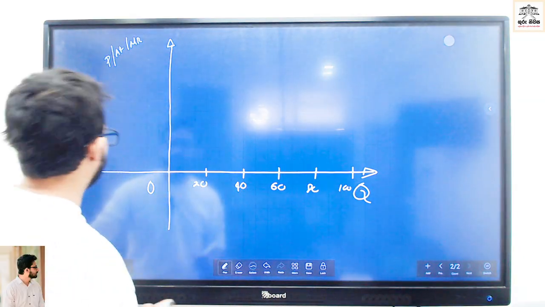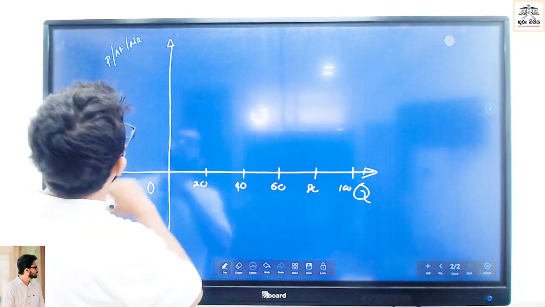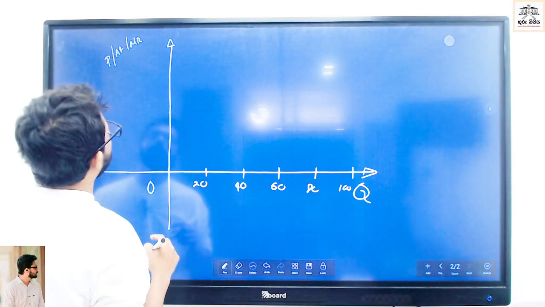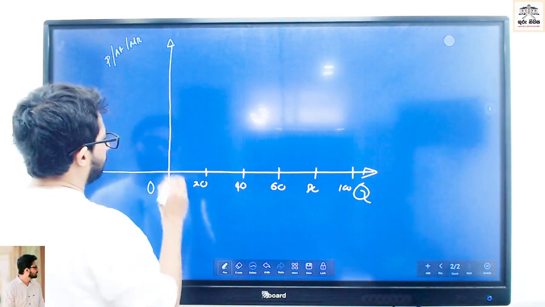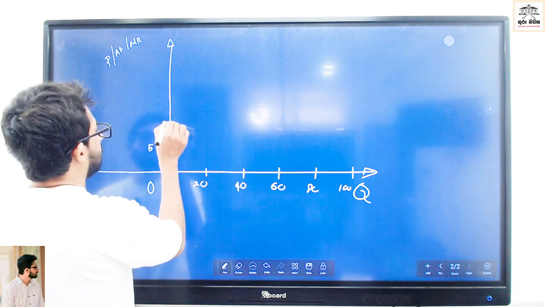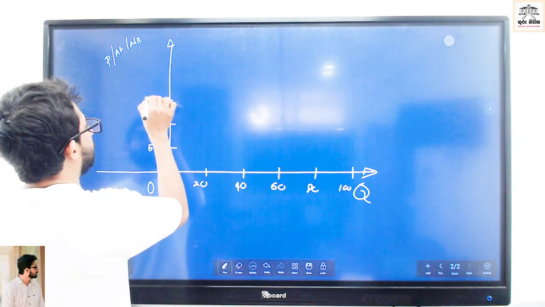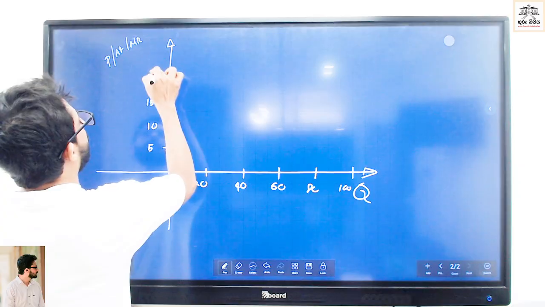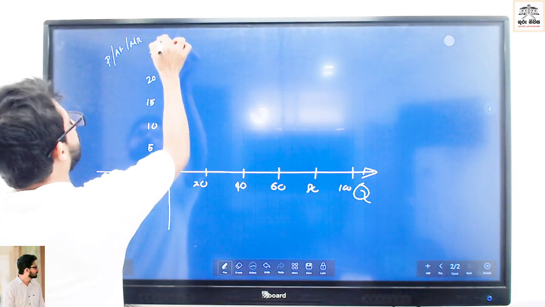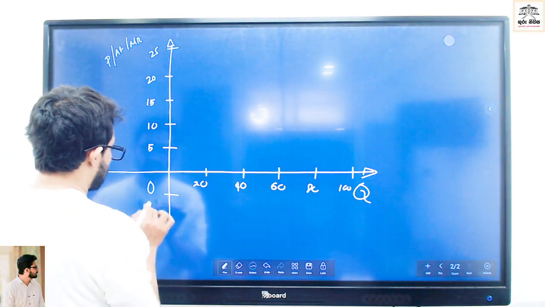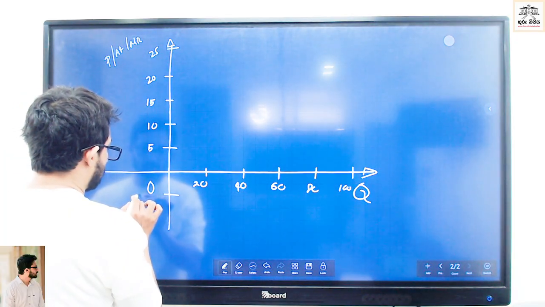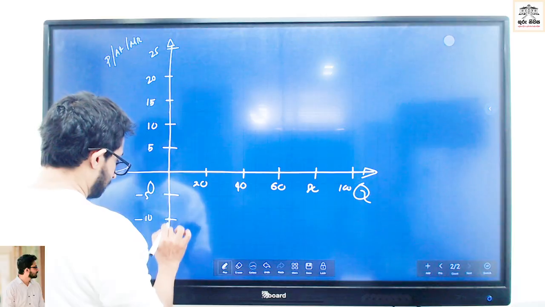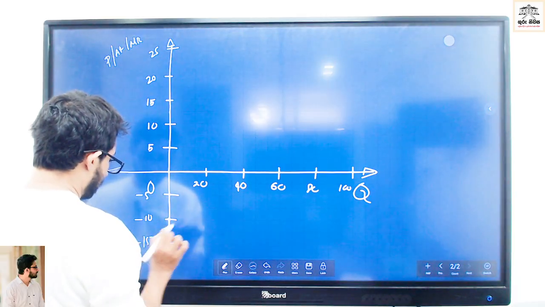For AR, you can take it 5 by 5: 5, 10, 15, 20, and 25. There's a minus side as well: minus 5, minus 10, minus 15.